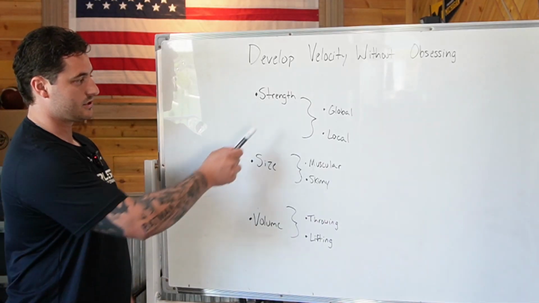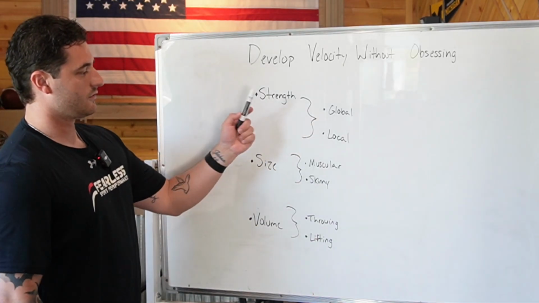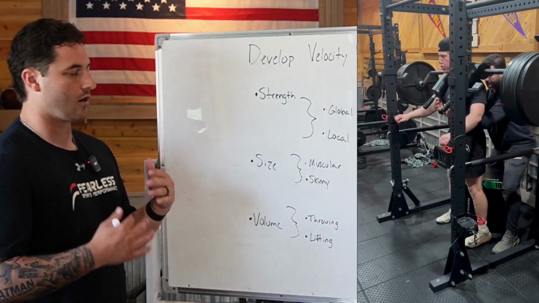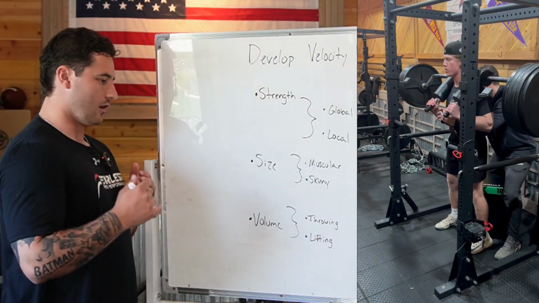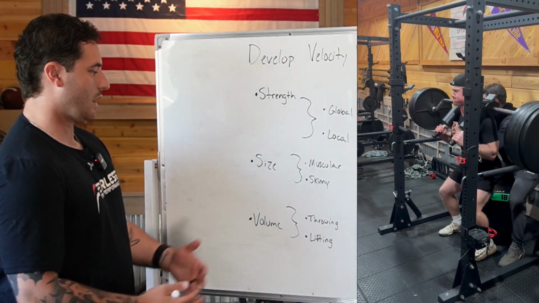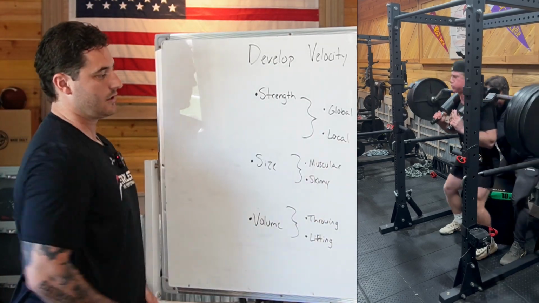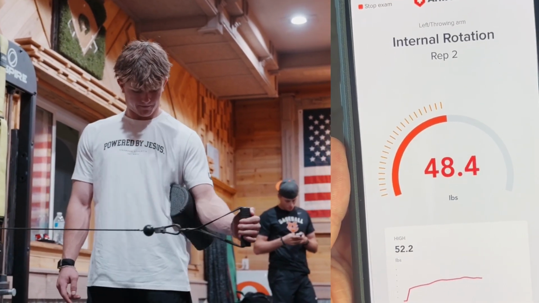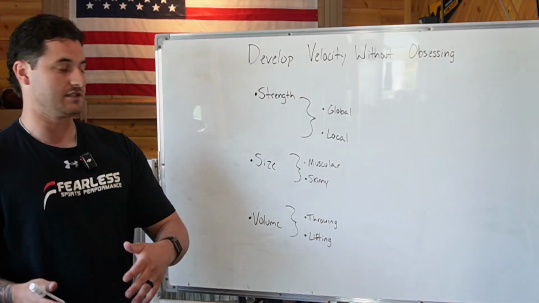So the first one, strength, is gonna be global versus local. Global strength is our bench press, our deadlift, our heavy reverse lunge, squat, whatever that is. And our local strength is gonna be the strength of our rotator cuff, forearm muscles, things like that that are a little bit on the smaller size, but make a massive difference.